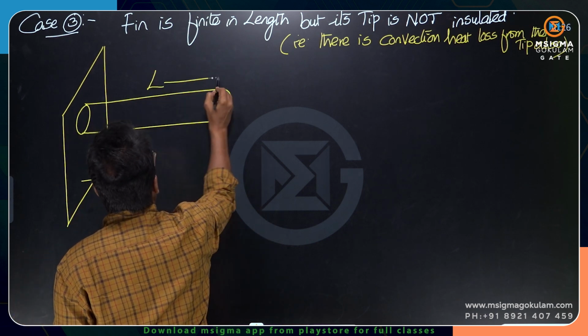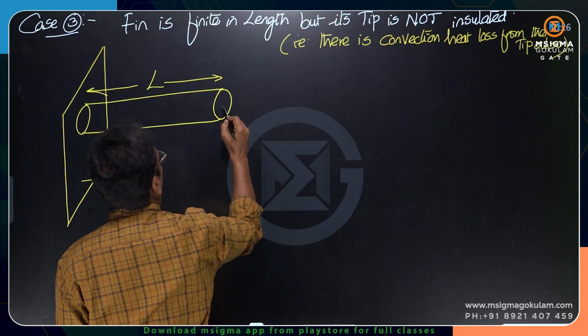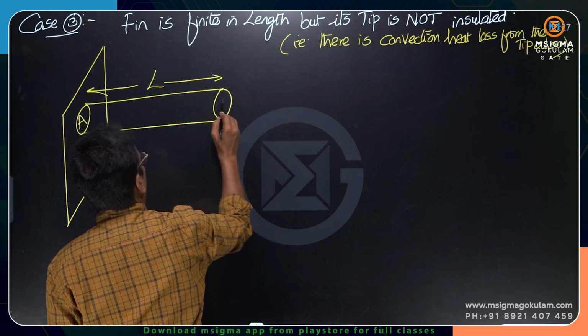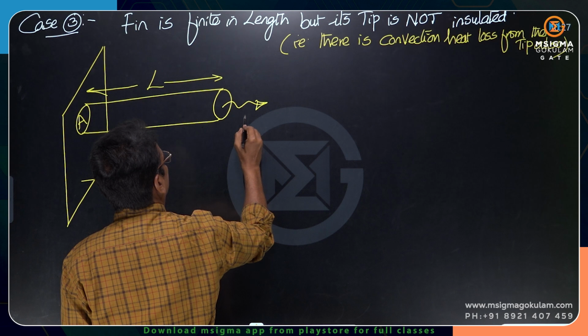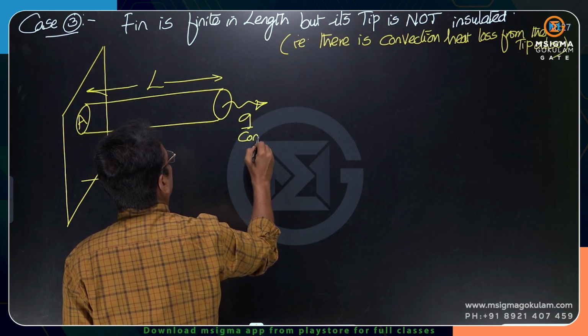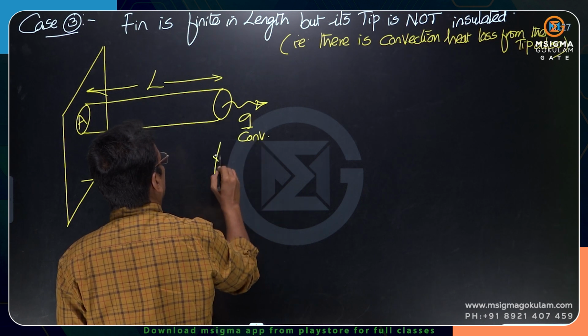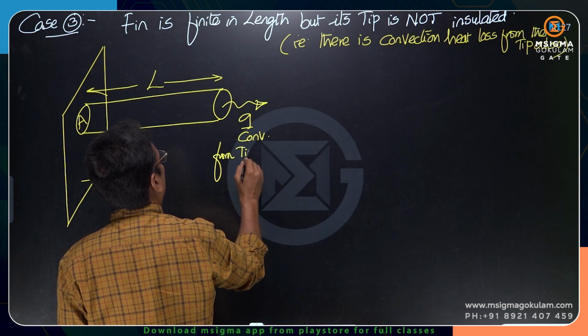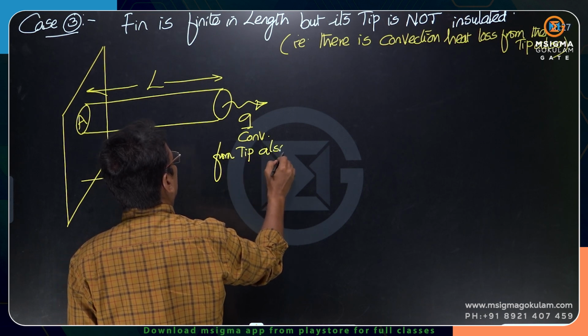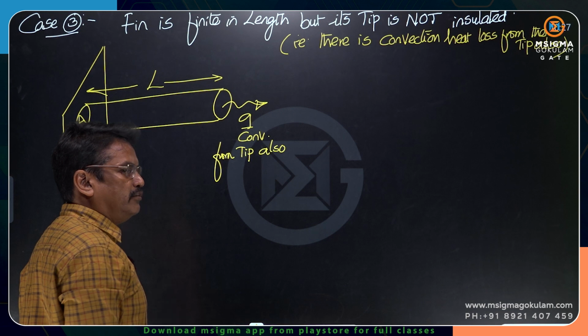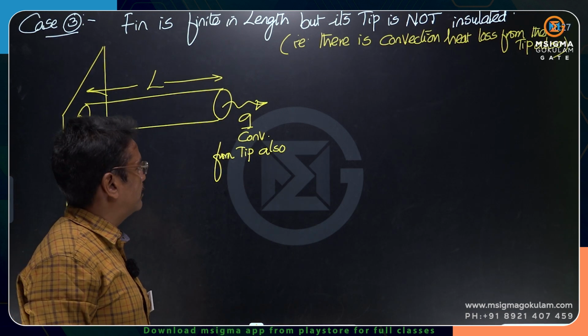Finite in length. A is the profile area of the fin, tip not insulated. Q convection from the tip also. It is a general case of fin. Finite in length, there is a convection heat loss from the tip also.